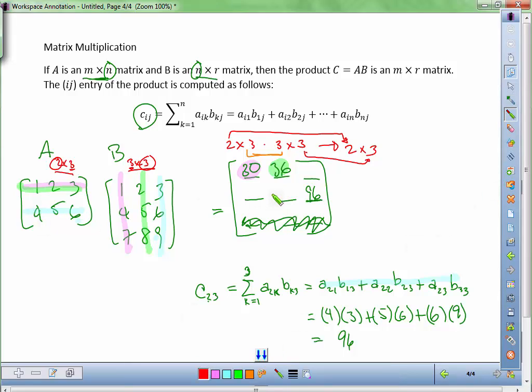We do one over here. So this is the second row and the first column. And that would give me 4 plus 20 plus 42, 66.